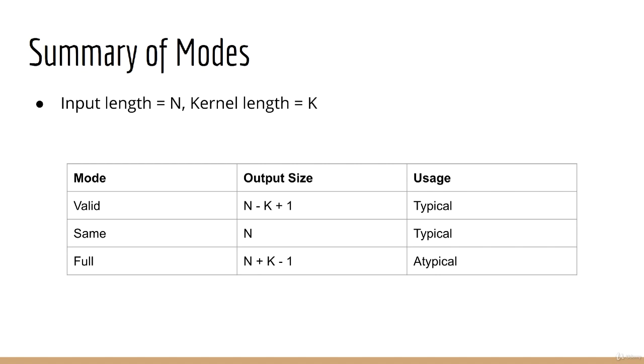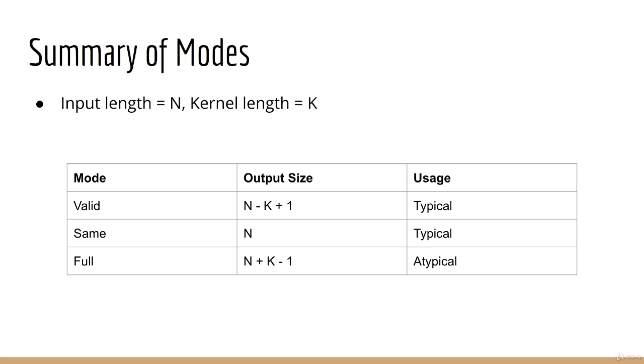To summarize the three modes of convolution, let's look at this table. The first one we discussed was called valid convolution. This applies when the kernel can only touch the original input image. The output size is n minus k plus 1. The second one we discussed was called same convolution. In this scenario, we add some padding, just enough so that the output size is the same as the input size, n.